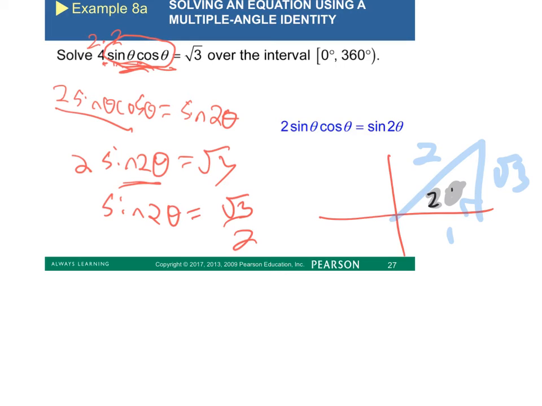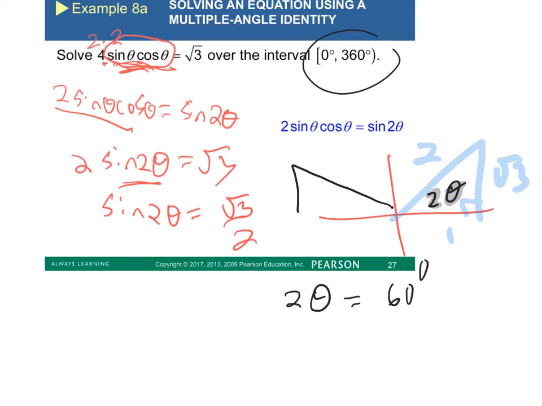And we're in degrees, so 2 theta is equal to 60 degrees. Also, over here, 2 theta would be 180 minus 60, because this is still square root of 3. This is still a 2. That's 120 degrees.